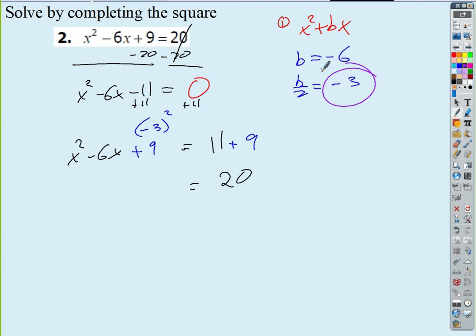It's always going to be that way, right? It's always going to end up, when we factor this thing, we know we're always going to get x plus half of b, squared every time. Okay, now we're actually done completing the square. We're not done with the problem. We're just done completing the square.